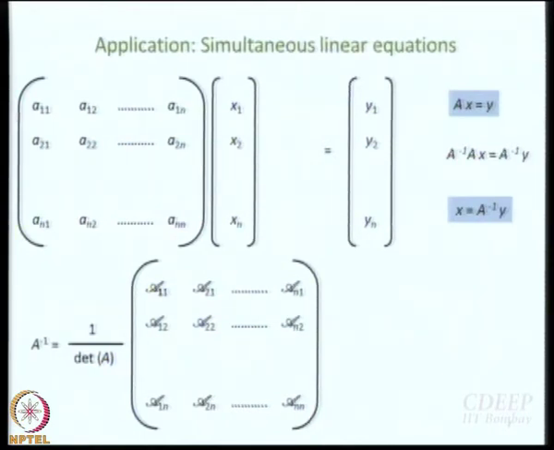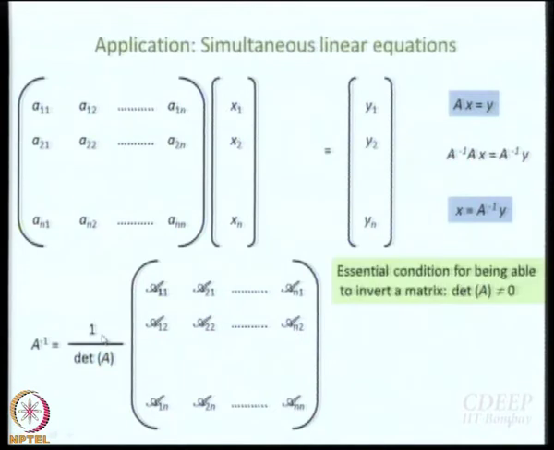Are we saying that every square matrix, and we restrict ourselves to square matrices, is going to have an inverse? So what is the condition for having an inverse? This determinant, right? If it is 0, then you have a problem. The essential condition to be able to invert a matrix is that the determinant should not be equal to 0.